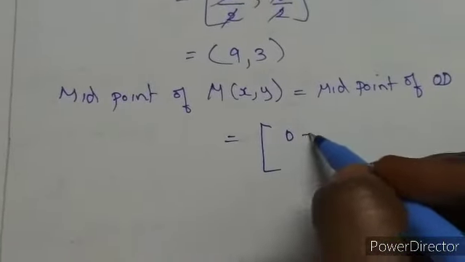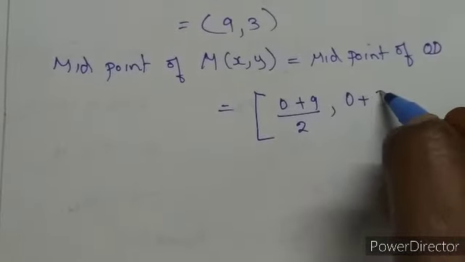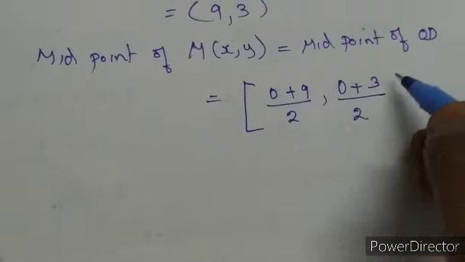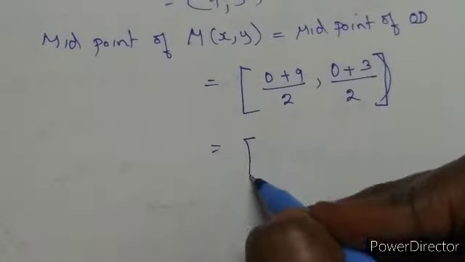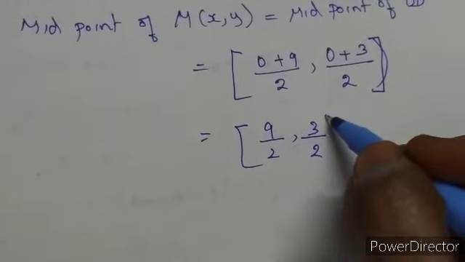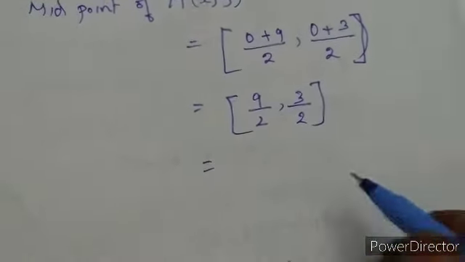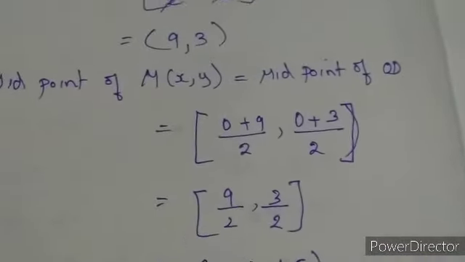So (0 + 9)/2, (0 + 3)/2. So 9/2, 3/2. So your answer is (4.5, 1.5).